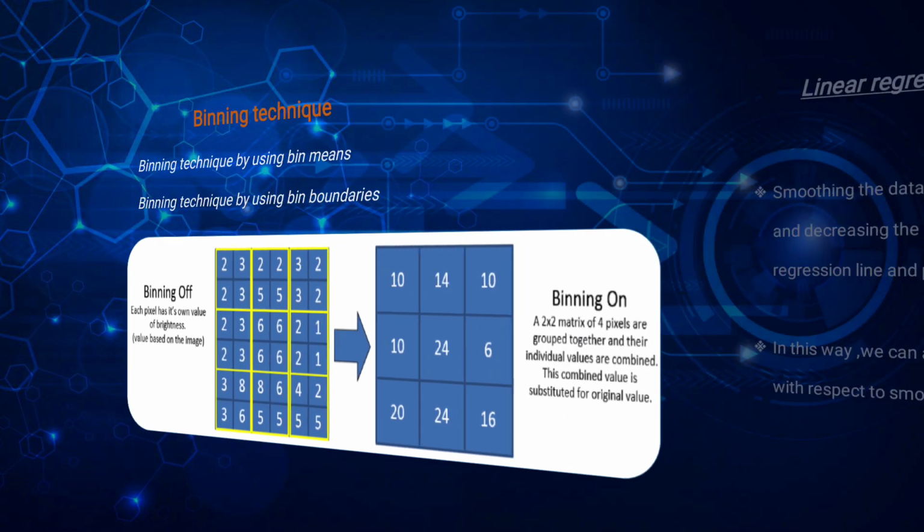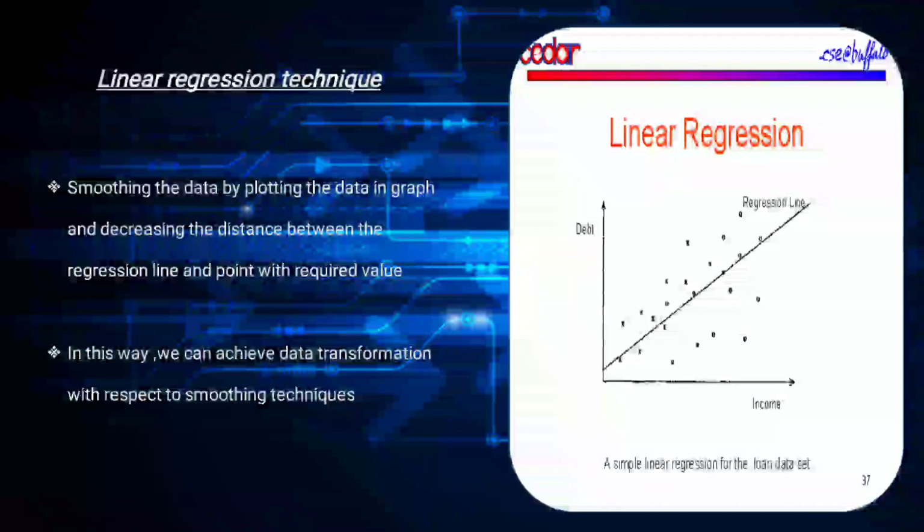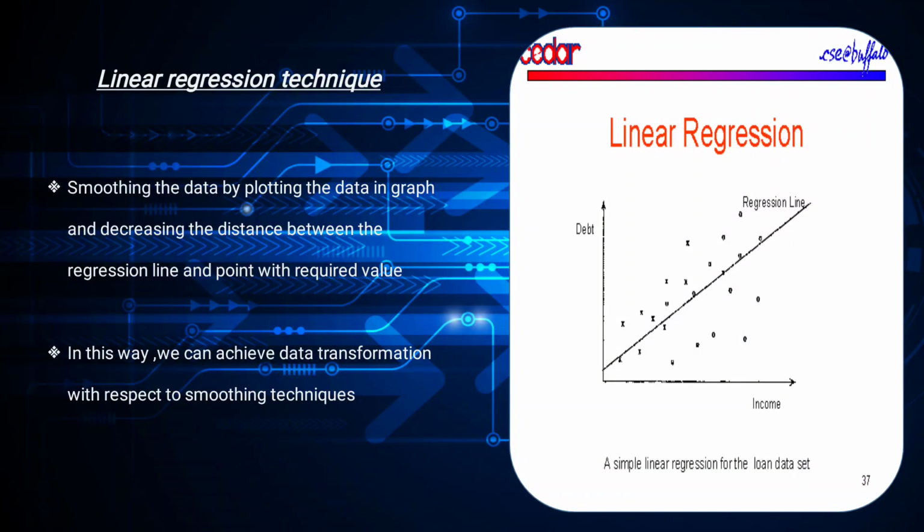Next one, linear regression technique. Linear regression is a smoothing technique that smooths the data by plotting the data in a graph and decreasing the distance between the regression line and the points with the required value. First we have a data set. We plot the data into a graph and draw a line which is most significant.